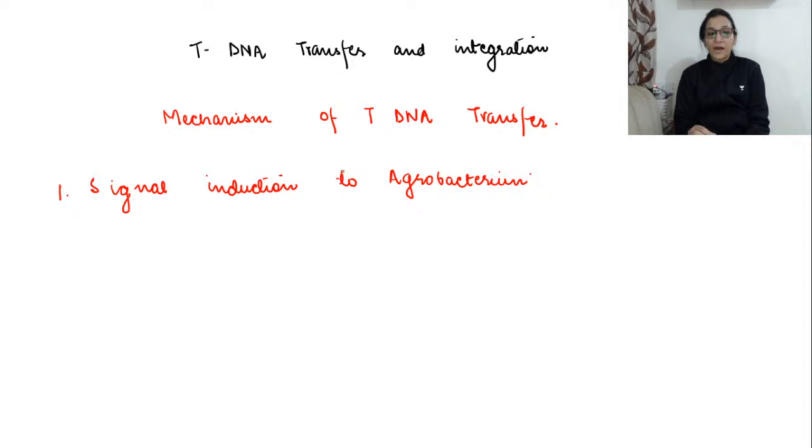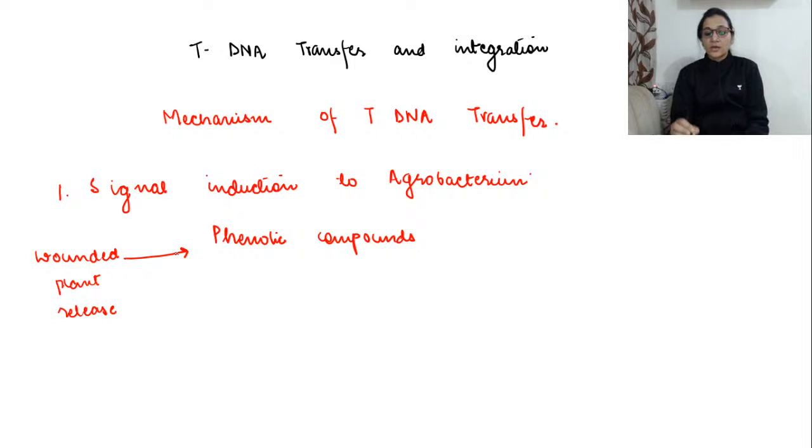The wounded plants release certain chemicals. What are those chemicals? They are phenolic compounds. Wounded plants release phenolic compounds, and they also release certain kinds of sugars.